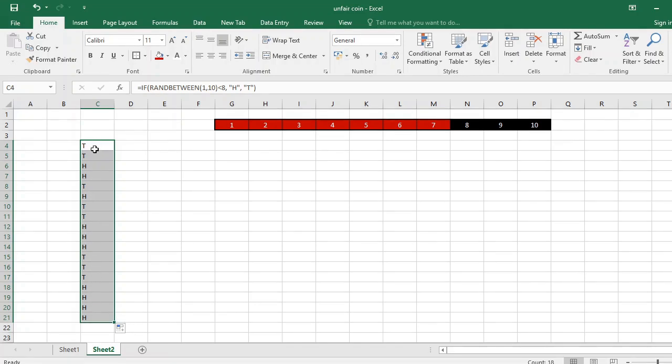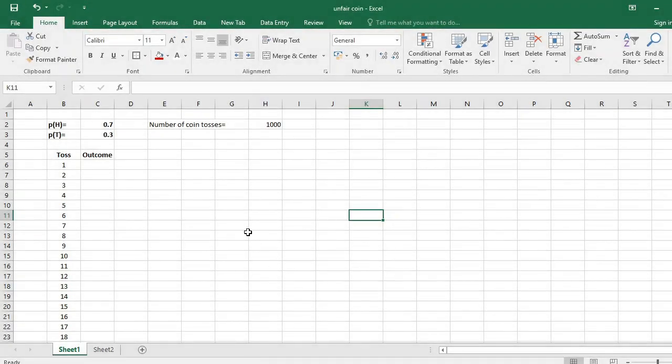So now what we are going to do next is, just like we did in part 1, do an experiment where we toss this biased coin 1,000 times, and then see how many of the 1,000 coin tosses yielded heads and how many yielded tails.